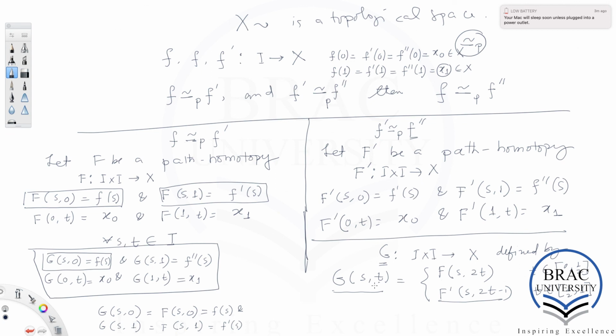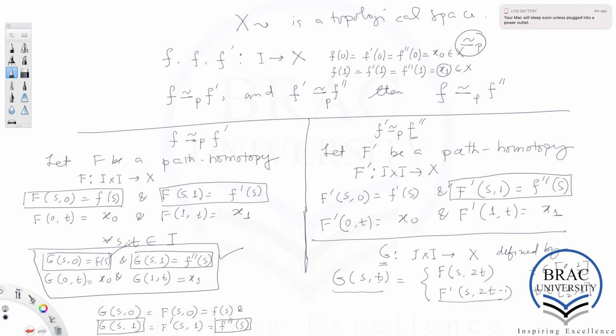So G of s comma 1 is equal to f prime of s comma 1, and f prime of s comma 1 is equal to f double prime of s. This way we prove that G of s comma 1 is equal to f double prime of s. Okay, this is proved.